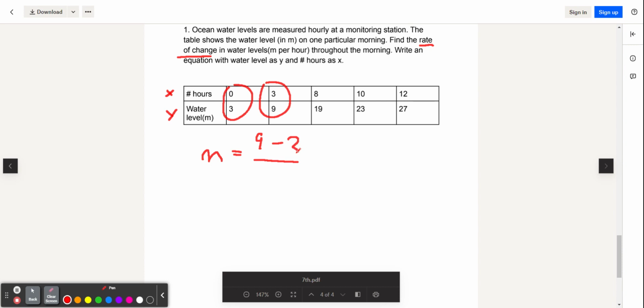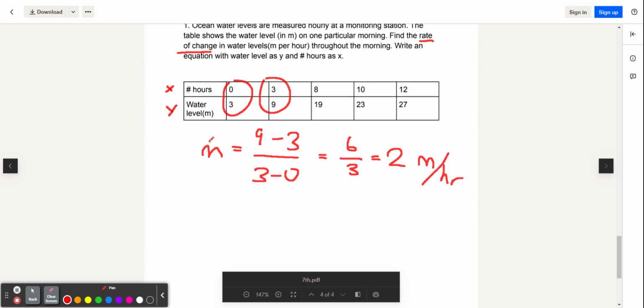So 9 minus 3 over 3 minus 0 equals 6 over 3 equals 2. And then it asks for the rate of change in water levels, in meters per hour, so we make sure to add our units: meters per hour. And it is positive. The water level is rising.